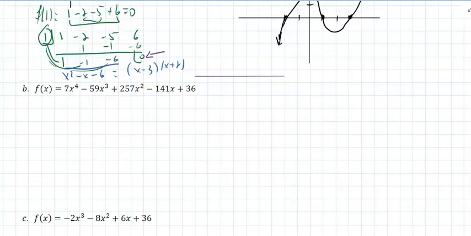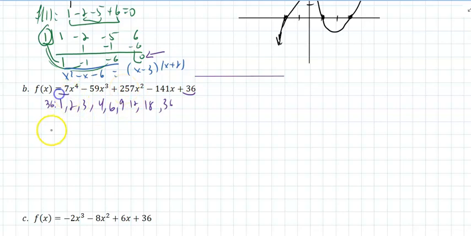Okay, and here's my second problem. Well, 36 has a lot of factors. The factors of 36 are 1 times 36, 2 times 18, 3 times 12, 4 times 9, and 6 times 6.